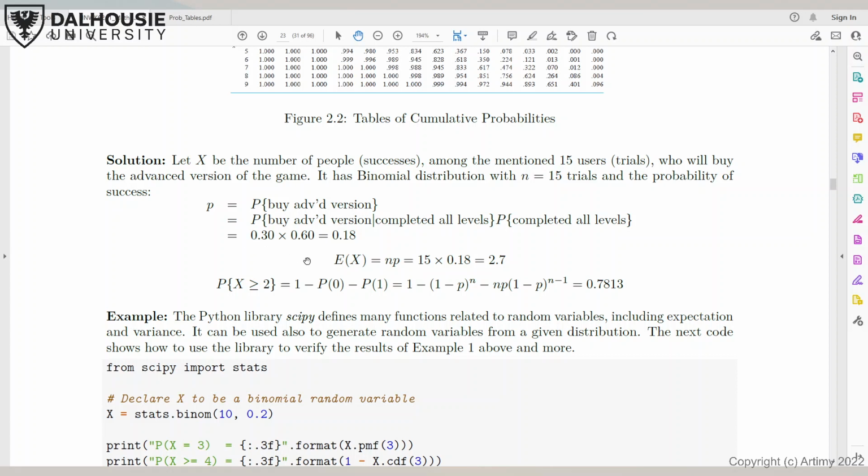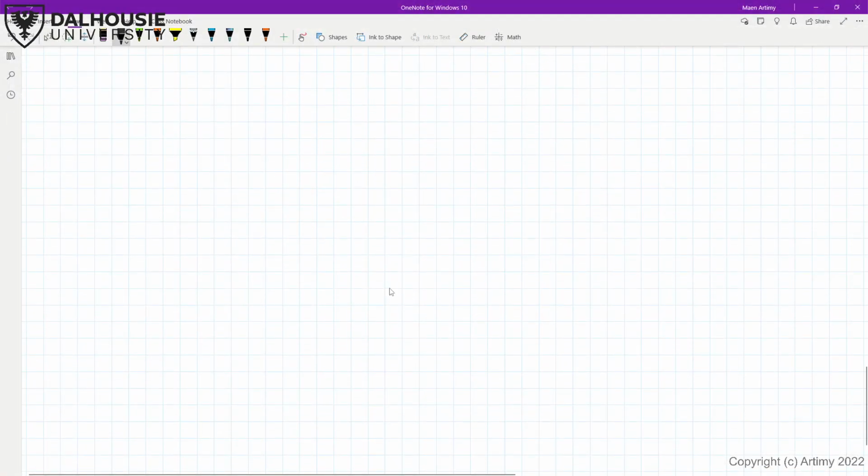So imagine we can represent it by, say, this is the people. 65% of them will complete all levels. The others, 0.35, will not complete all the levels.